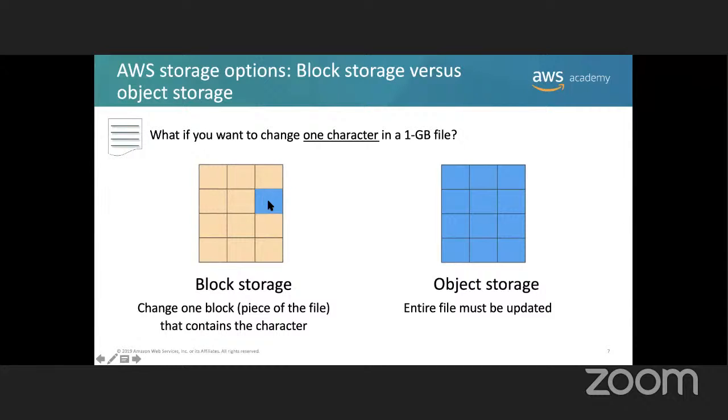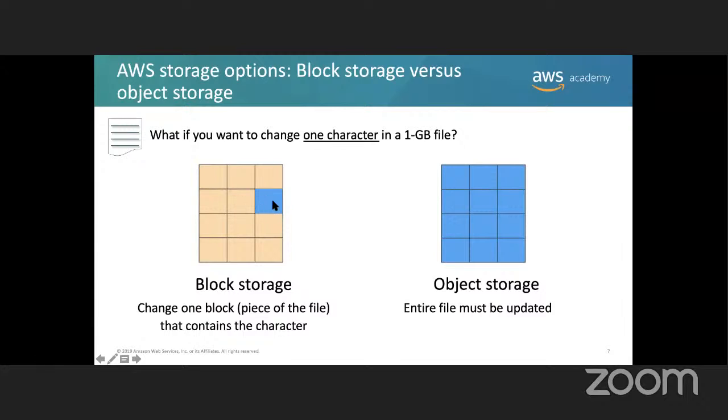Because it's better, right? Now, when you update a simple piece of a file in S3, what happens is that it has to update the entire thing, right? You have to update the entire file, and you're only changing one character in the file. Okay, so that's the disadvantage of object storage as opposed to block storage.